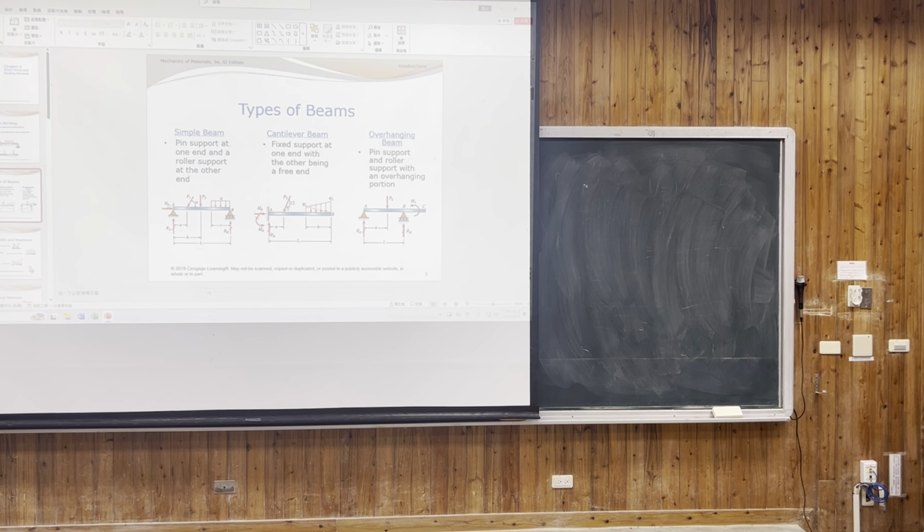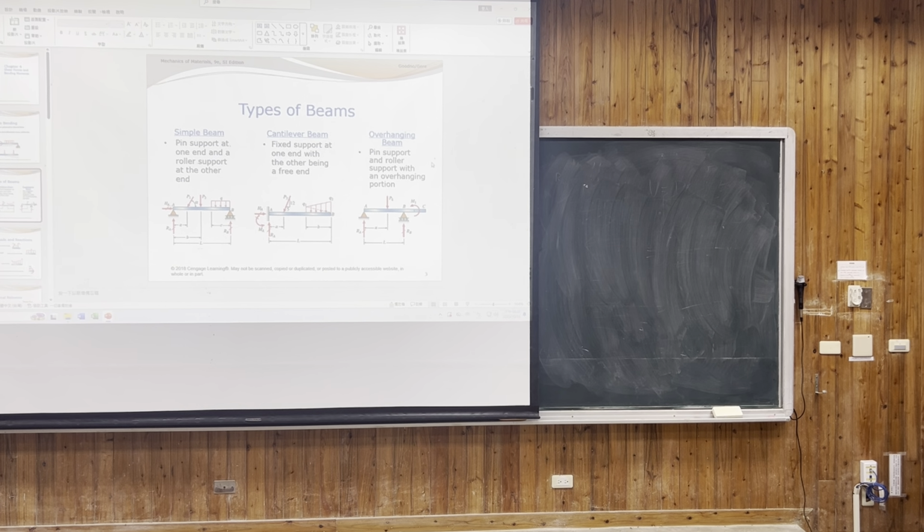One constrains the vertical direction and one constrains the horizontal and vertical direction. Okay? And cantilever beam. How to pronounce it? Cantilever. Yeah. This kind of beam is fixed at one end and free at the other, without any support.